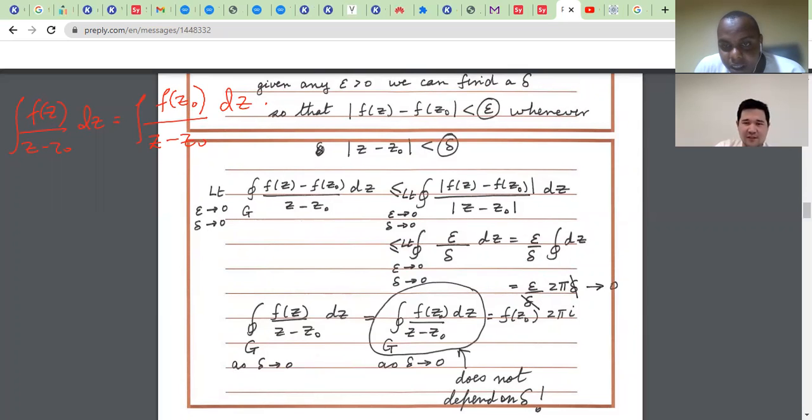Because epsilon and delta are constants. Yeah. Which will be epsilon over delta times 2 pi. I don't remember how to find limits of the integrals.